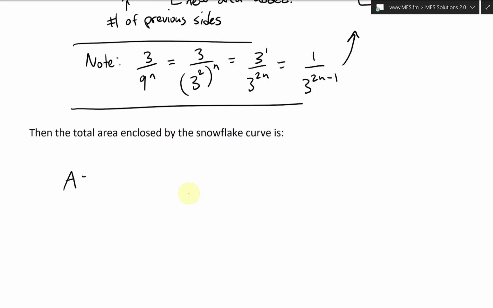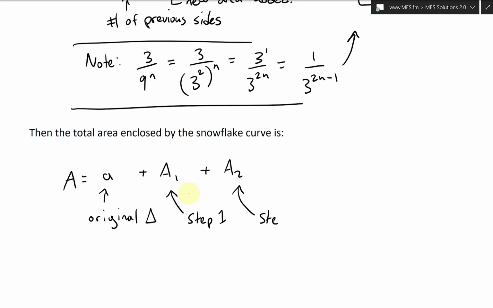Alright, so moving forward, the total area enclosed by the snowflake curve, we'll just write that as A, equals lowercase a, the original triangle, plus a_1, that is step 1 where triangles were added, then a_2, that is step 2, plus a_3, plus dot dot dot. That's step 3, and so on.